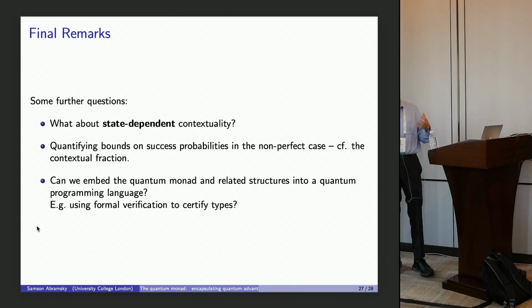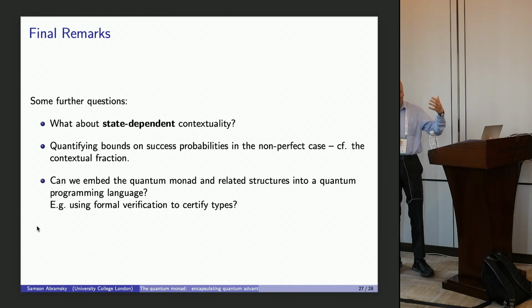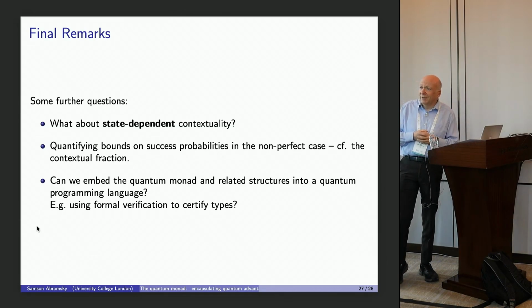And I think we could imagine a combination of formal verification, type theory, and compilation, which would let us write code and eventually certify it as having this kind of type involving the quantum monad. That would then immediately prove something not just about it faithfully representing a circuit, but also precise statements about the quantum advantage that's obtained by this program.